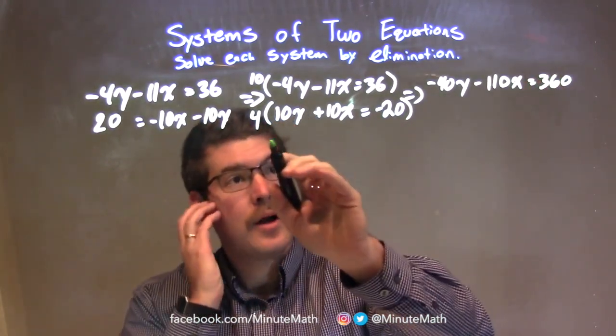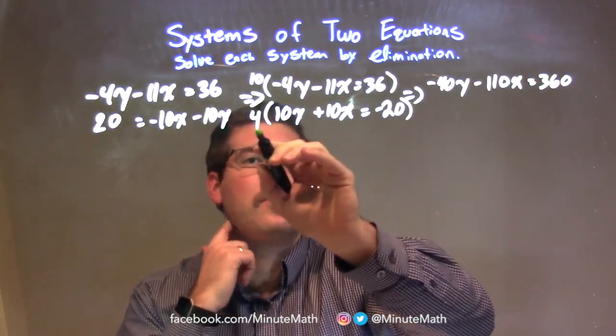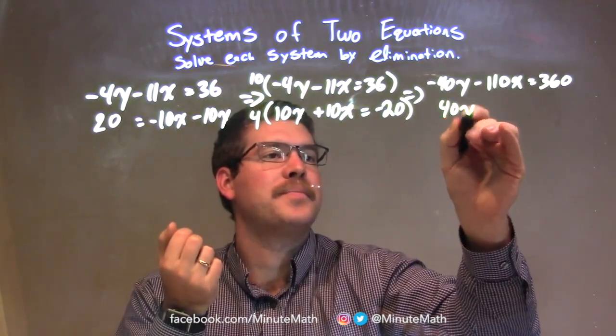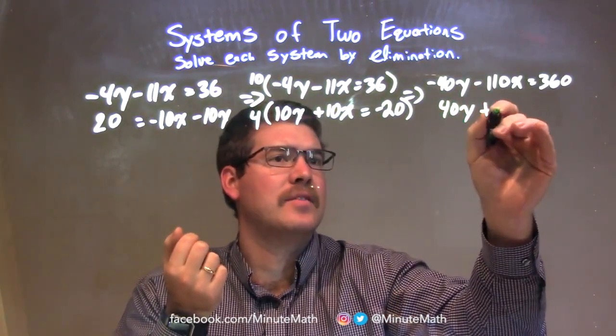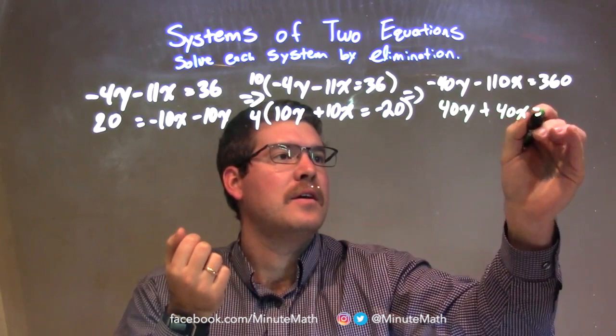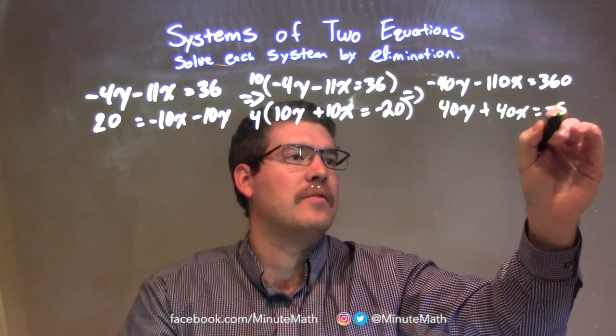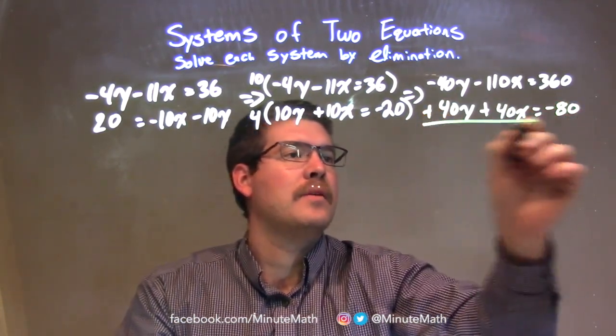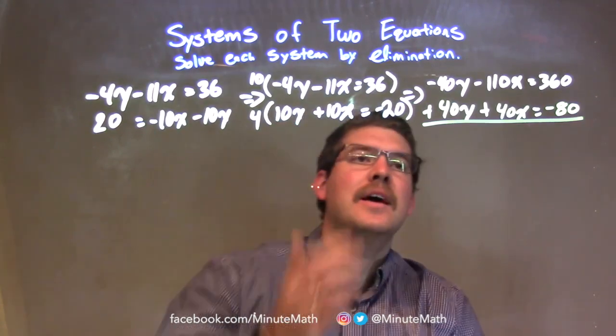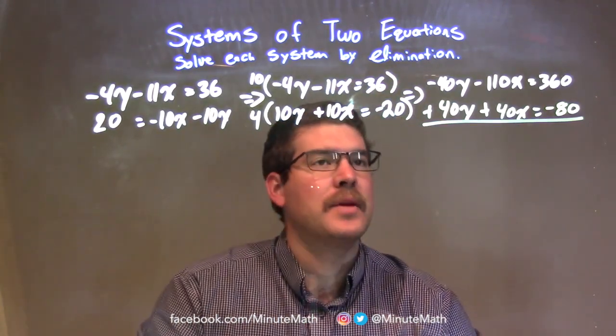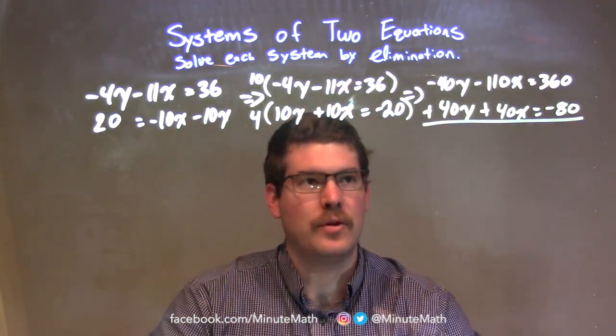Okay? The bottom, multiply that whole thing by 4. 4 times 10y is 40y. 4 times 10x is 40x. And 4 times negative 20 is negative 80. So now I'm going to add these two equations. They should eliminate the y, which they do. Negative 40y plus positive 40y is 0.